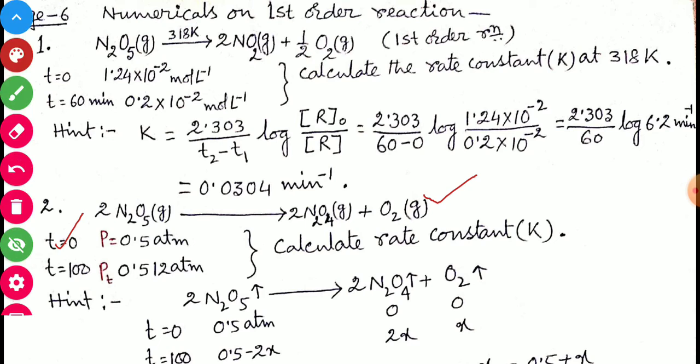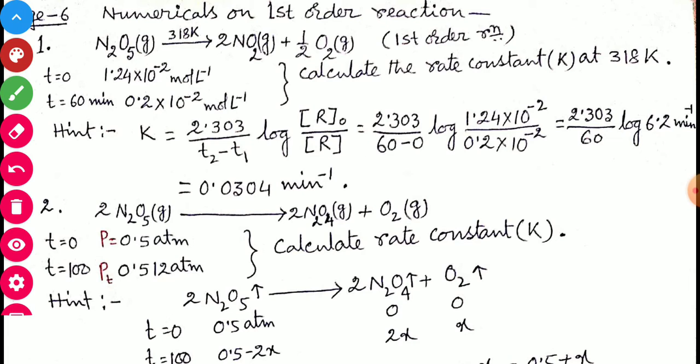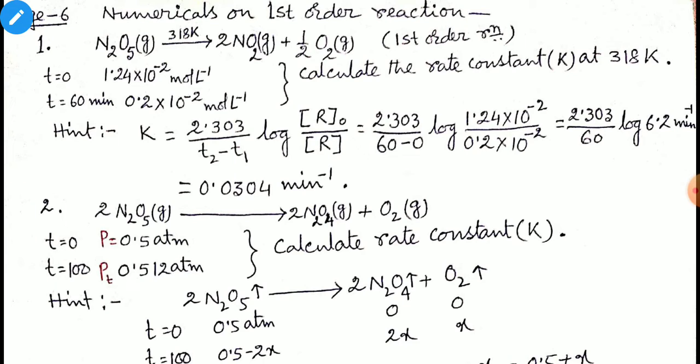Question number 1. N2O5 gas at 318 Kelvin changes to 2NO2 plus half O2, a first order reaction. Data is given. Hints are also given.